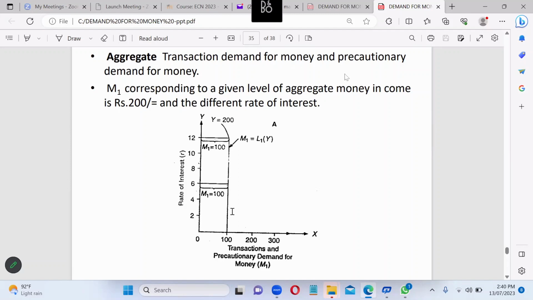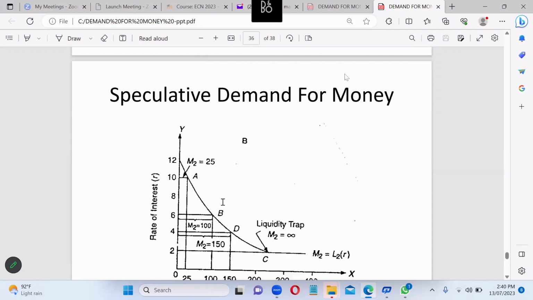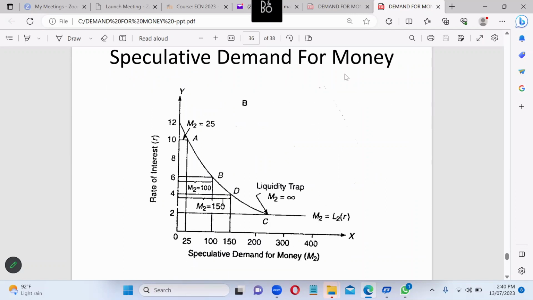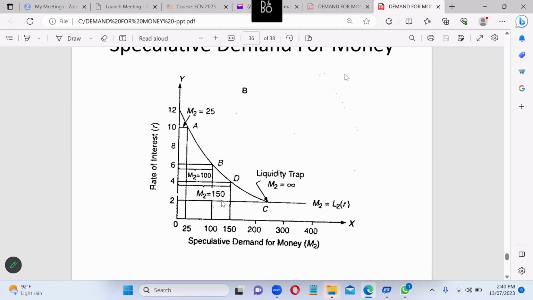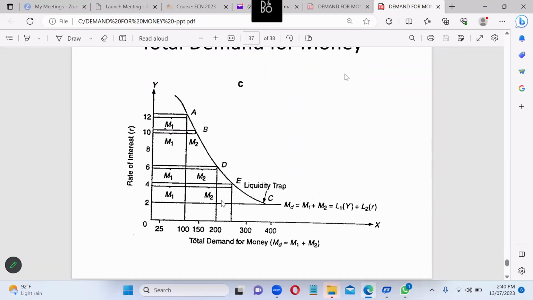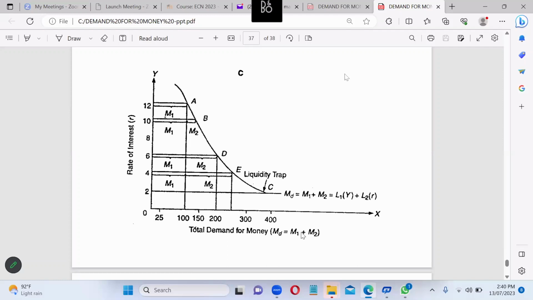This is explained by this diagram. This is the diagram of speculative demand for money. This I already explained. The total demand for money curve is this one, once we aggregate M1, M2 and M3.